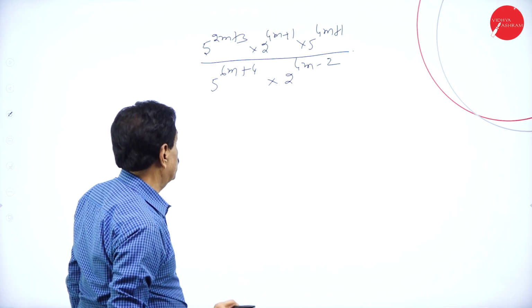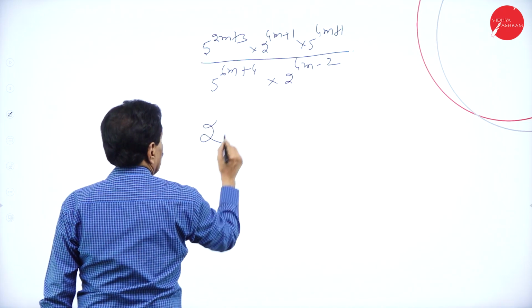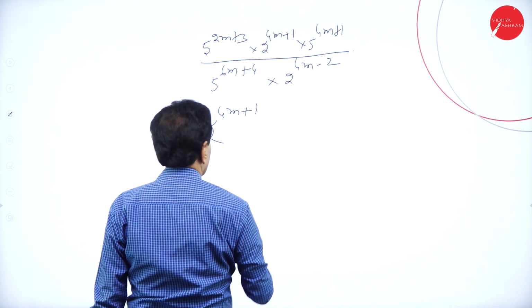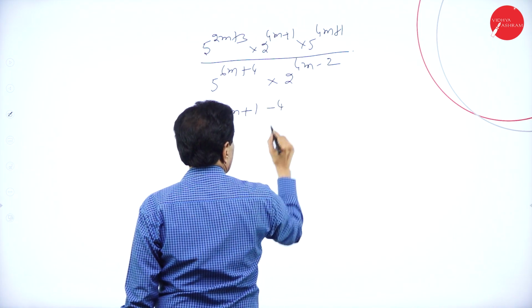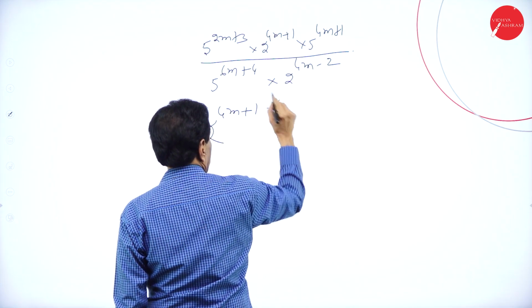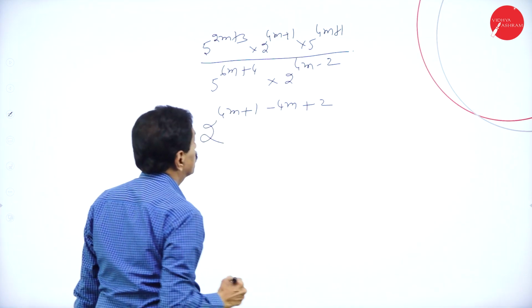You take the base of 2 now. 2 to the 4m plus 1 minus 4, plus minus 4m minus 2 become plus 2.